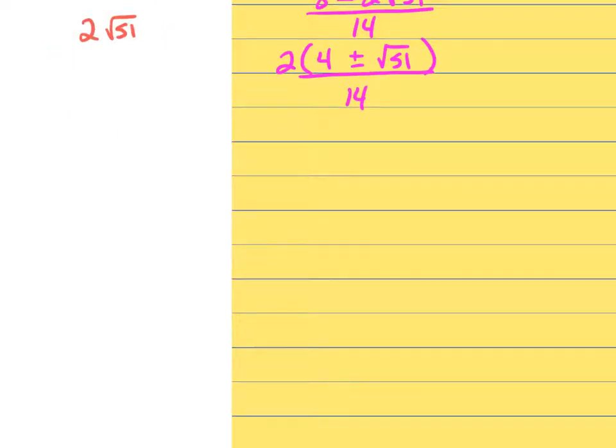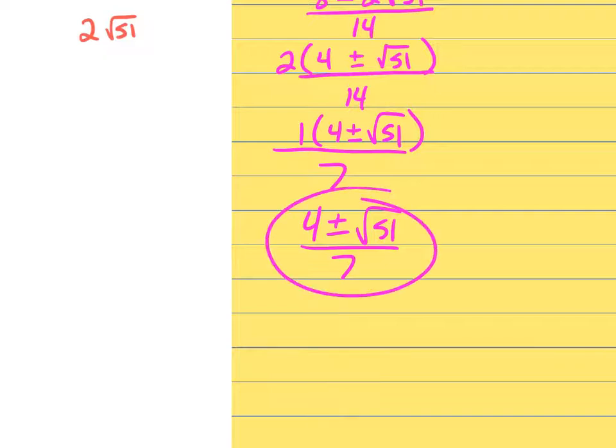Do you guys now see my fraction 2 over 14? Yeah. 2 over 14 reduces to 1 over 7. But do I really need a 1 in front of my parentheses? No. So I would just write 4 plus or minus the square root of 51, all divided by 7. That is my answer, simplified, because we didn't want to round off.